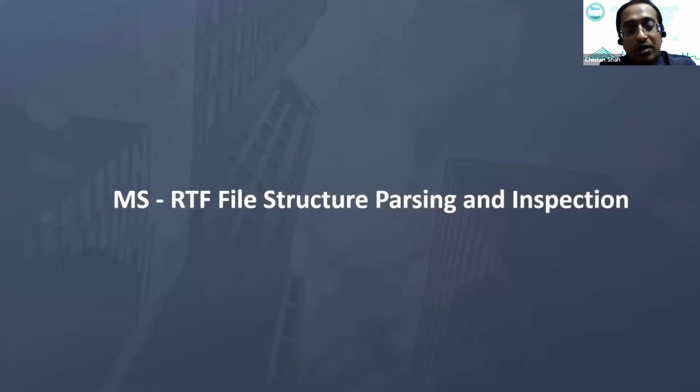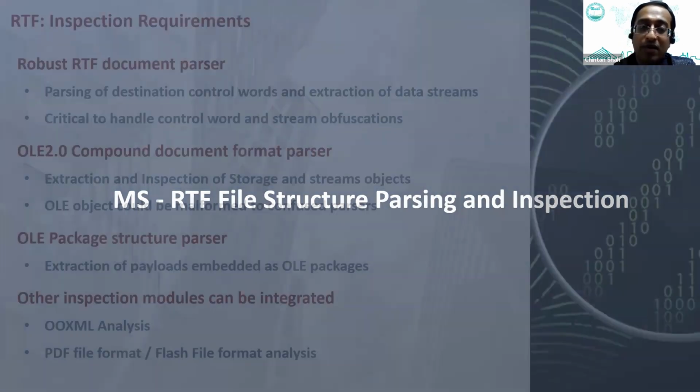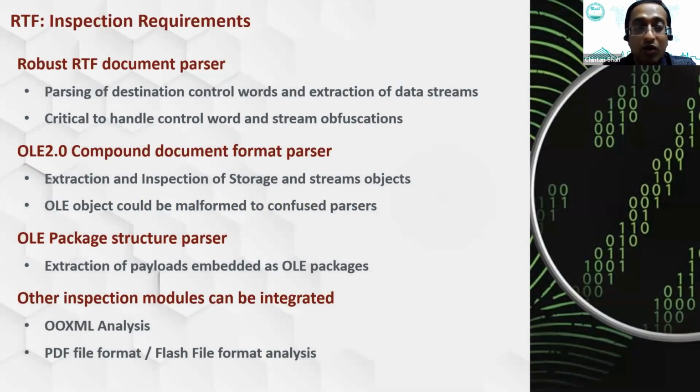So let's touch upon how we can build the RTF file structure parsing and inspection. Primarily what we need here is a robust RTF document parser, which can parse the destination control words and extract data streams out of them.